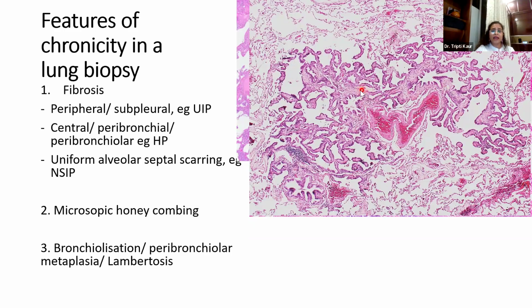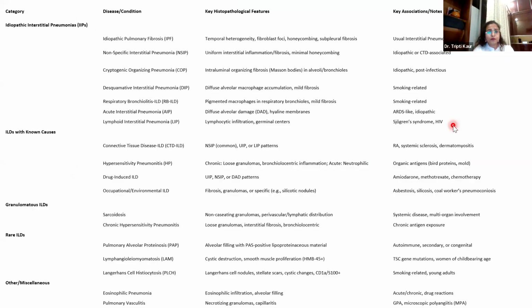So there will be an inconspicuous respiratory bronchiole in the initial part of the disease. Now, what has happened is the adjacent alveolar spaces have undergone metaplasia, and the lining epithelium has converted itself into a respiratory lining epithelium because of the chronic injury. So this particular phenomenon is called bronchialization or peribronchial metaplasia, also called Lambertosis.